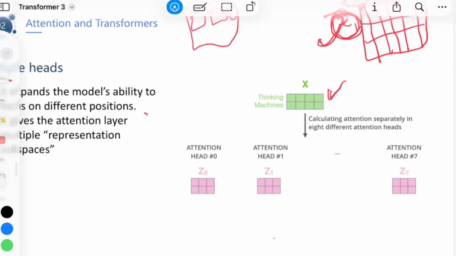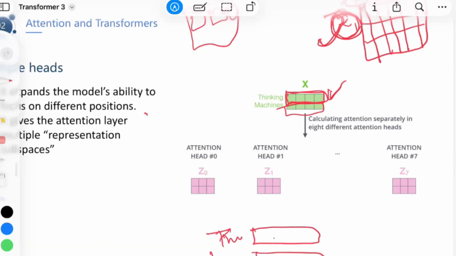If X has this vector, in the previous case we were taking this vector as it is. Now I know that this vector is for thinking, and this vector is for machine. This can be a big vector containing the information of thinking, a numerical representation of thinking.